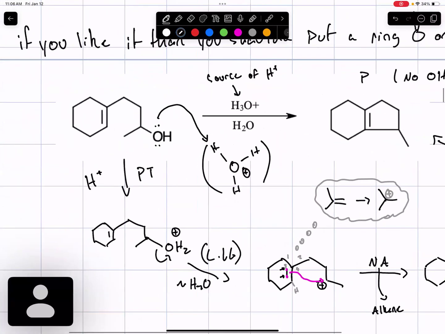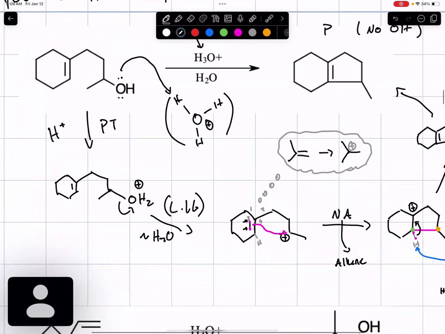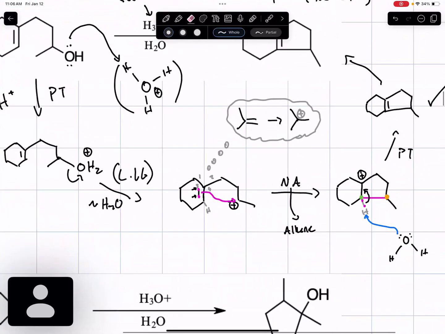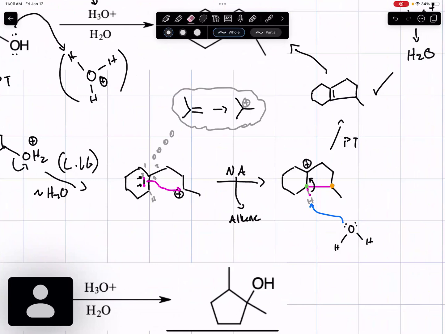We protonated the alcohol to make it a good leaving group. Okay. That was this first step. That good leaving group now left, leaving us with a secondary carbocation. That secondary carbocation was resolved by nucleophilic attack with the alkene.